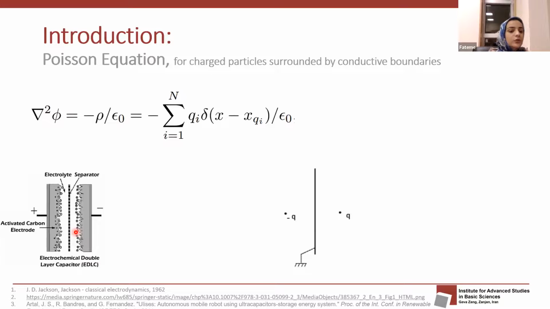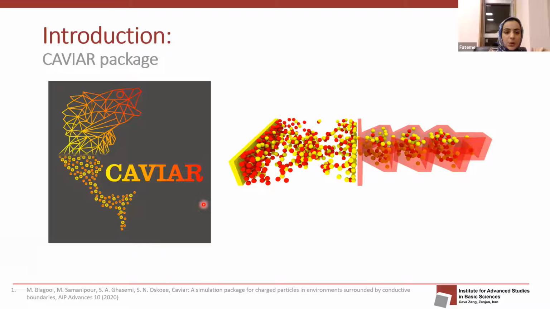So we have to use an analytical method. There are some packages or methods that could solve these kinds of problems, but now I want to speak about the Javier package. The Javier package is presented by Professor Nedai, Professor Qasemi, and Biagui et al.